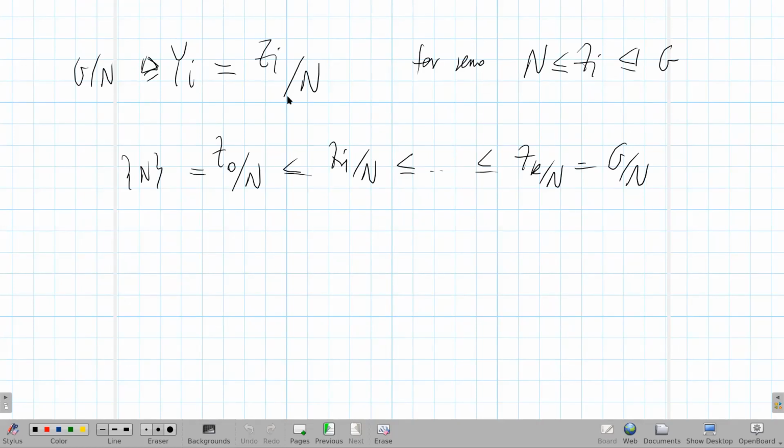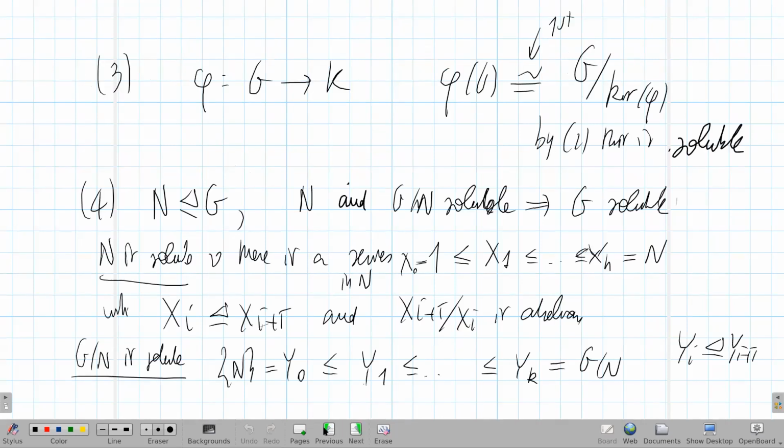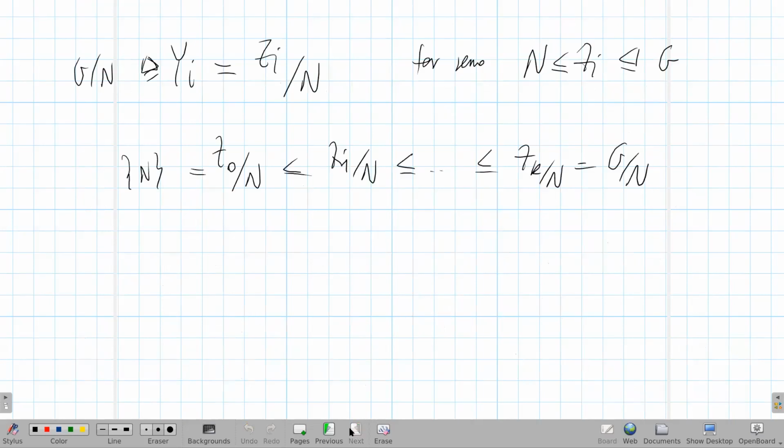And remember, not only does this series of Yi hold, but the quotients are abelian. G over N soluble means that you have such a series with the quotients abelian. So not only is this normal in this, but each of these quotients is abelian, for all i. I'm not writing down the quantifiers. So we have that Yi plus 1 over Yi is abelian.